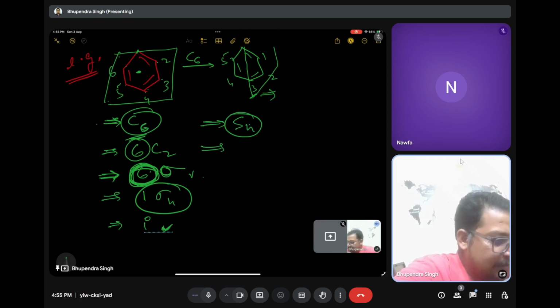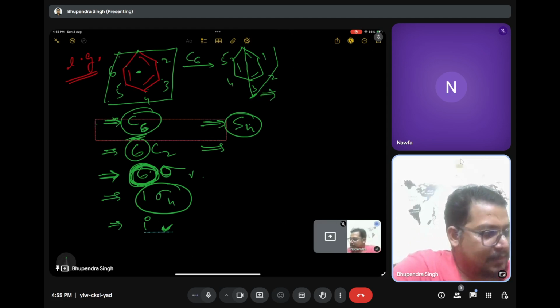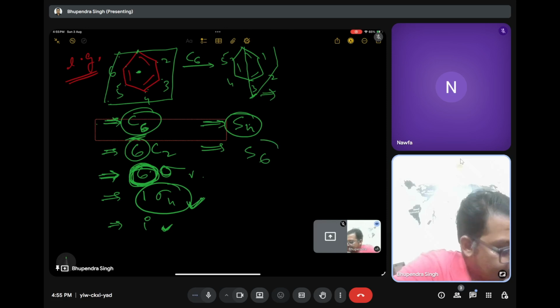Here we know C6 is present and C2 is there. Sigma h is also there, which means that we have improper axis of symmetry S6.